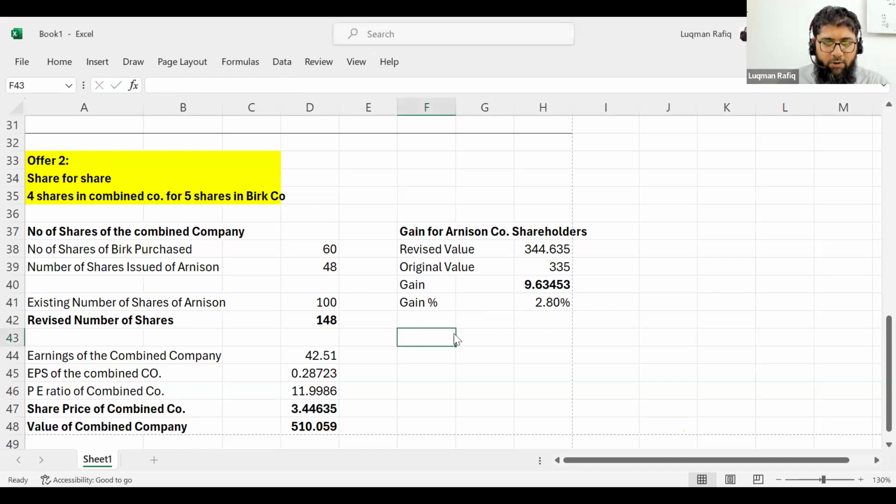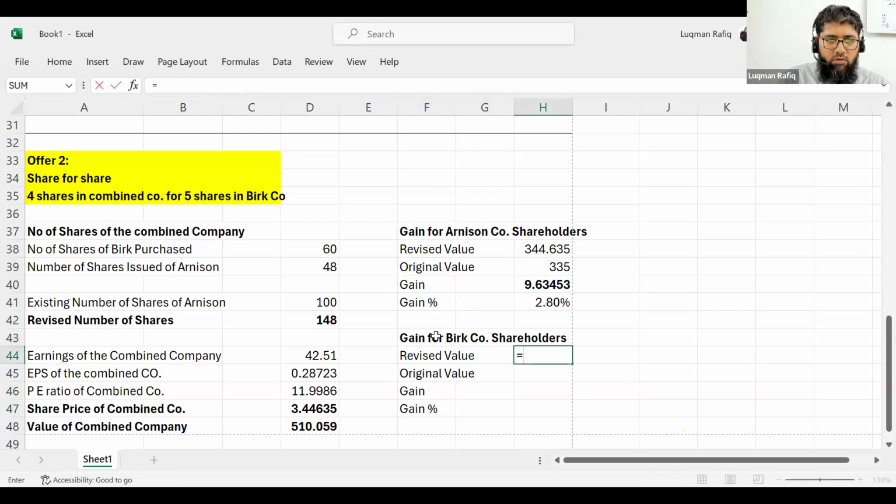Now, if I say the gain for Burke company shareholders, what is the revised value? The 48 million shares that we have issued belong to Burke company shareholders. So in the new company, the Burke company shareholders have 48 million shares.